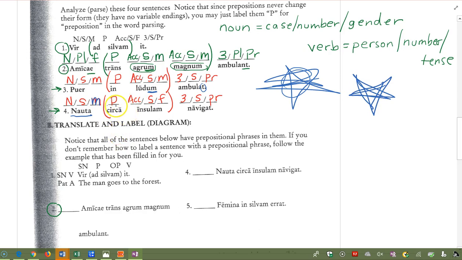That's awesome. Preposition, circa, preposition around. Around what? Island, accusative, singular, feminine, insula, insulae, feminine. Third person, T, singular, present tense. The sailor sails around the island.